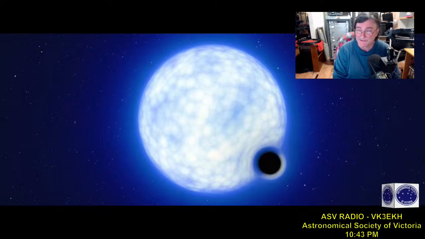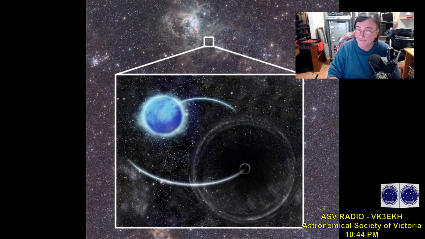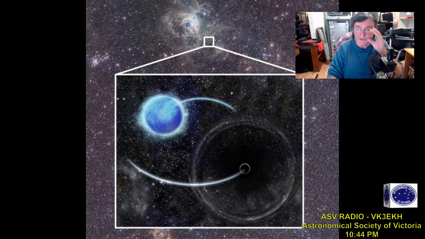This system shows no signs of a supernova explosion that, according to our models, ought to have accompanied the formation of a black hole. And there's another graphic here I can bring up, part of this article. This graphic on the screen right now is a not-to-scale artist's impression of the VFTS 243 system and its home in the Tarantula Nebula.